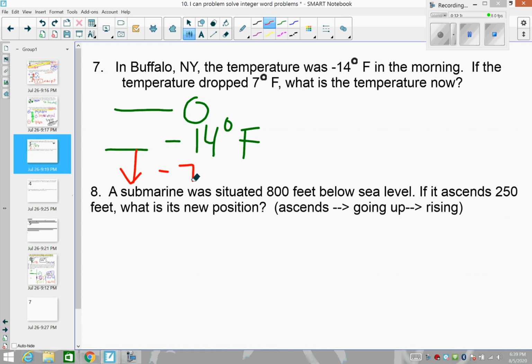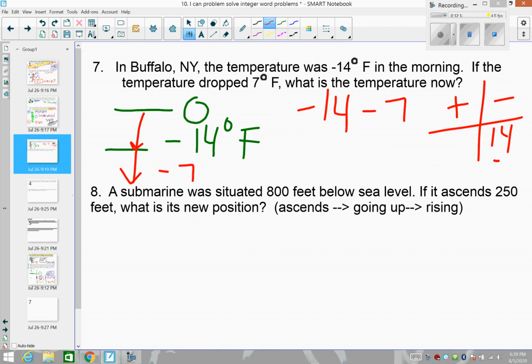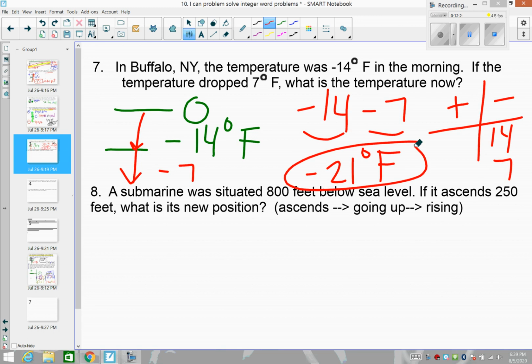So this is a situation where you're going to go down 14 and you're going to go down 7. So we would really have 14 and 7 more. So the new temperature would be negative 21 degrees Fahrenheit. Notice I'm not asking about the difference between those, but negative 21 degrees Fahrenheit.